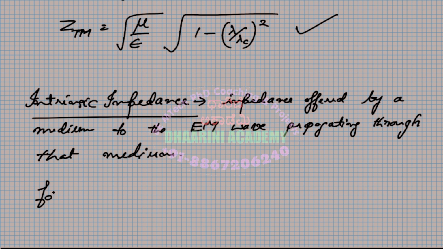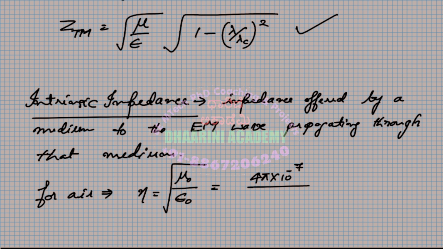So let's first calculate for air. I know that this is defined as eta, intrinsic impedance, which is simply the root of mu naught by epsilon. Mu naught has a value 4 pi into 10 to the minus 7, divided by the epsilon value. What is the epsilon naught value? One value is 1 by 36 pi into 10 to the minus 9, under root.